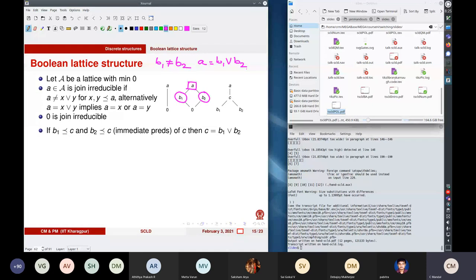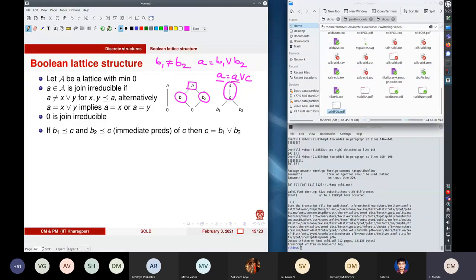Now, in this case, you could express A as the join of A and C, but this is kind of trivial because this will always be satisfied. This is the situation when an element has a unique predecessor.